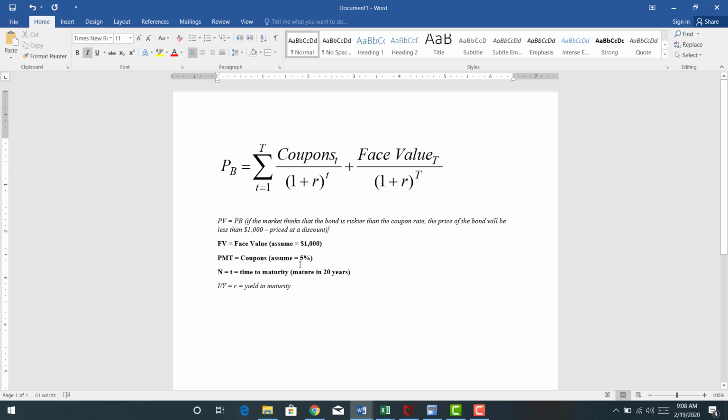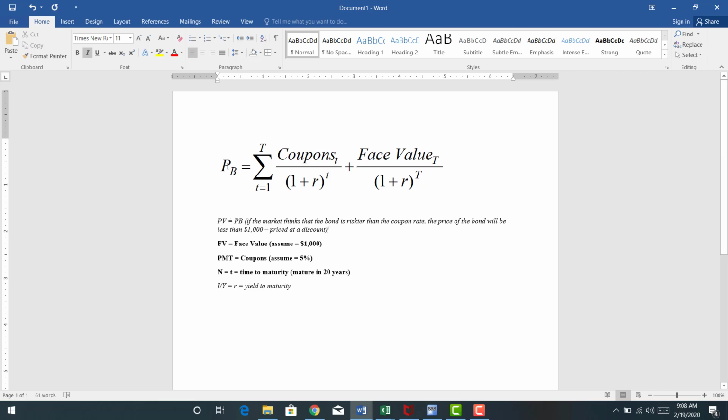Likewise, if the market believes that the firm isn't riskier than 5% and might have overstated its risk, the price of the bond can be greater than $1,000, or the bond is priced at a premium. It's important to understand that the market determines this price.